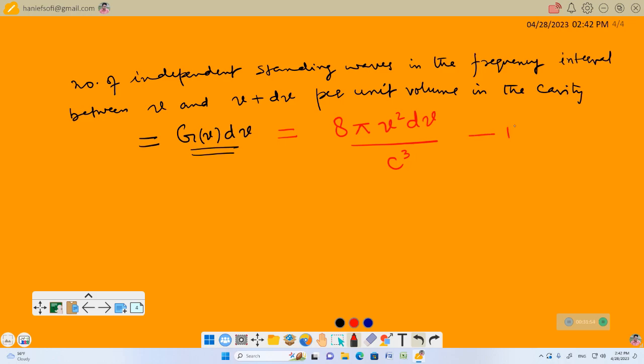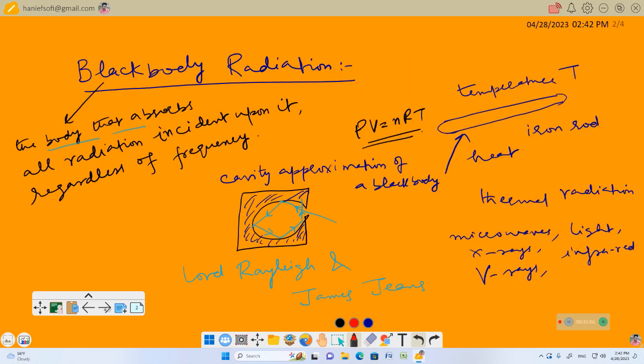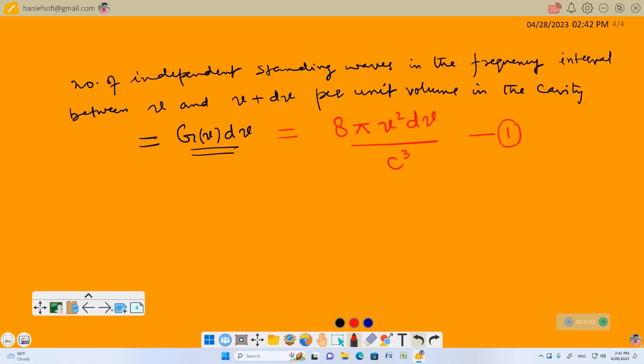I repeat what they did. First, they considered the radiation. What was the purpose? Purpose was to explain this black body spectrum. They considered the radiation in the cavity as a three-dimensional standing wave. Then they calculated this number 8 pi nu square d nu by c cube.